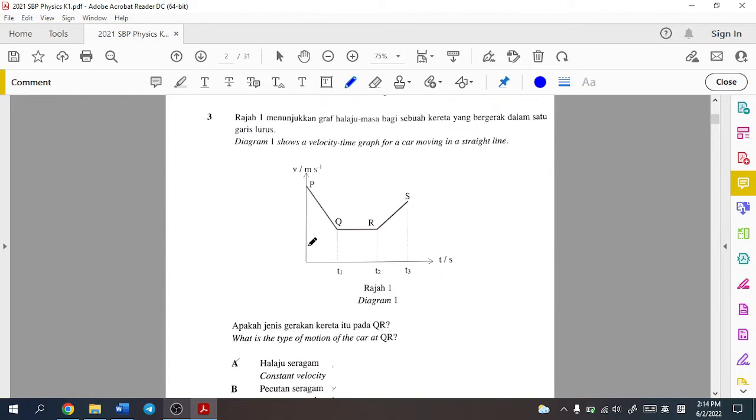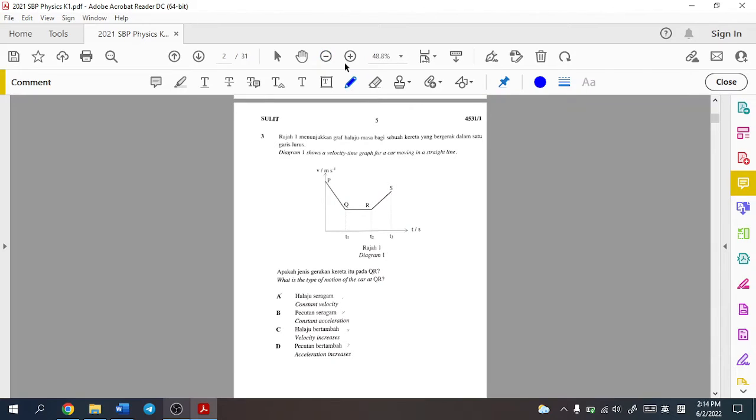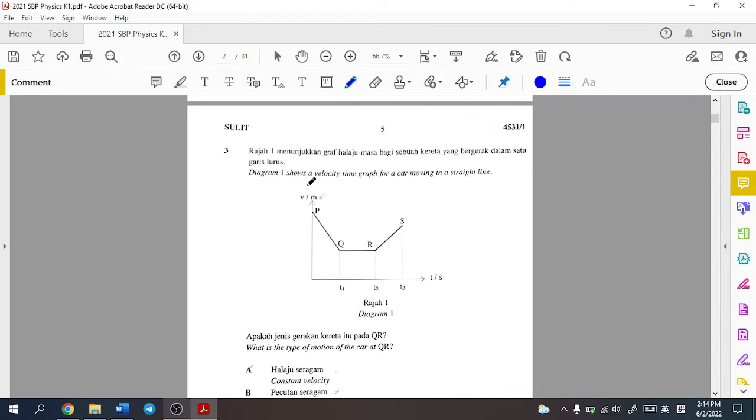Okay, next, diagram 1 shows a velocity time graph for a car moving in a straight line. So this is a velocity time graph.